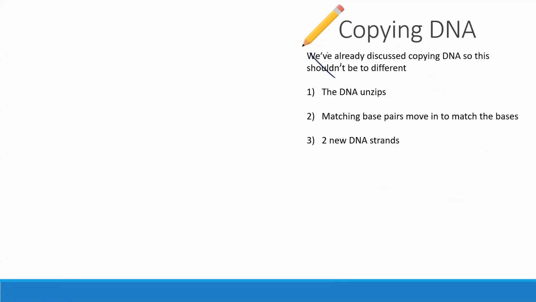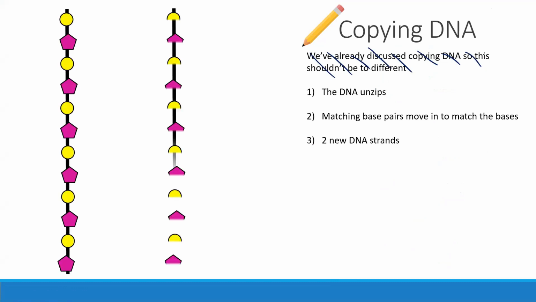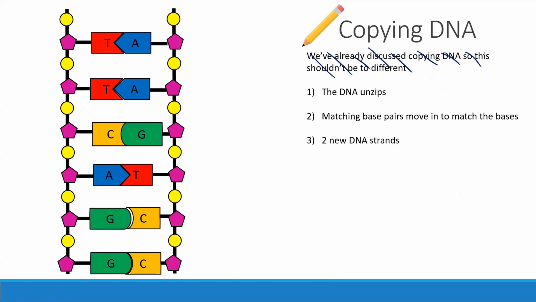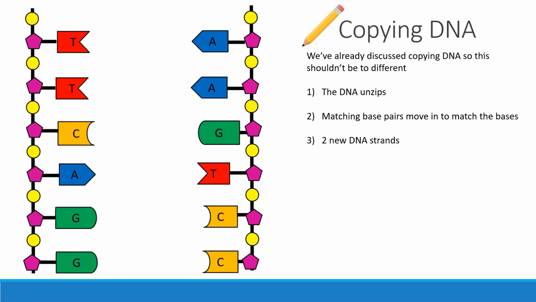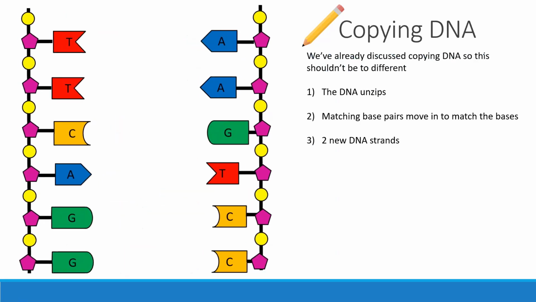Let me just cross this out. How does DNA copy? Well, the first thing is you take a DNA strand, right? And the first thing it does is it unzips. So I want you guys to watch this. Don't worry about copying it down for the moment. Just watch this. First thing we do is we unzip the DNA, right?